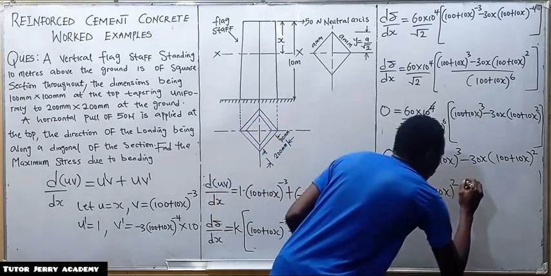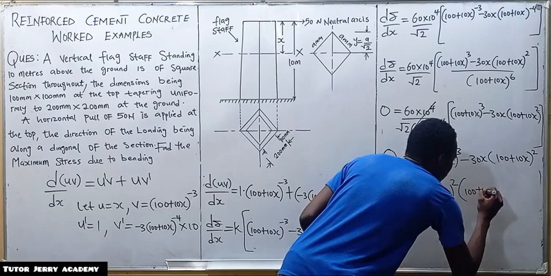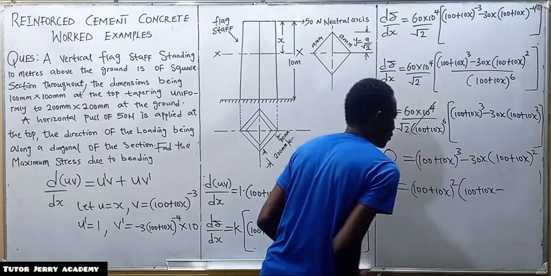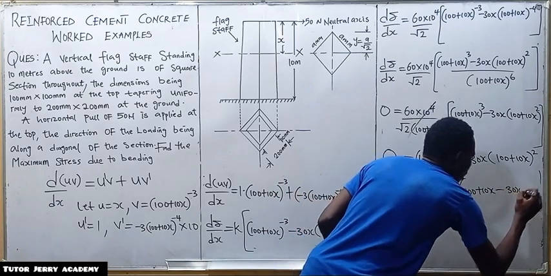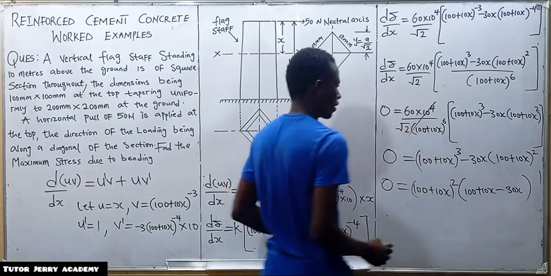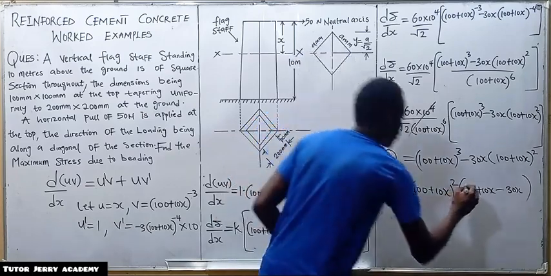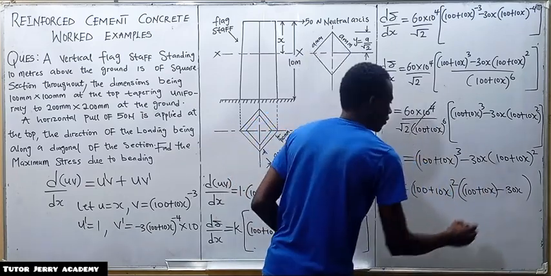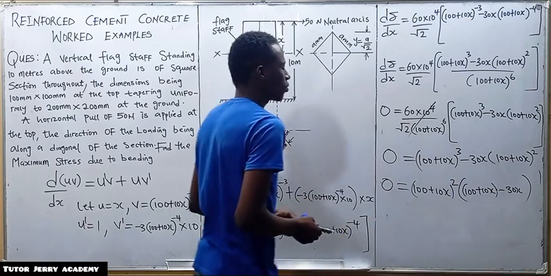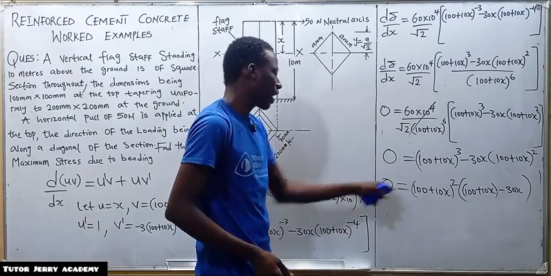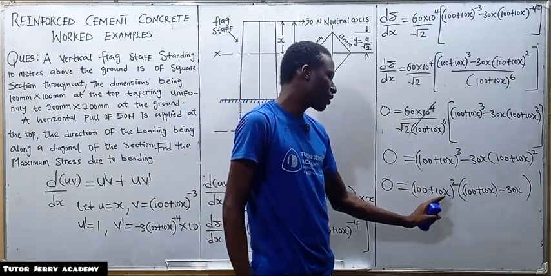This will be into (100 plus 10x minus 30x). So this has to be in brackets. Now we are going to be dividing both sides by the bracket of (100 plus 10x) all over 2.